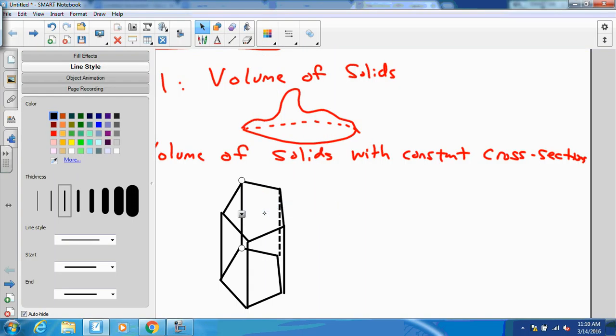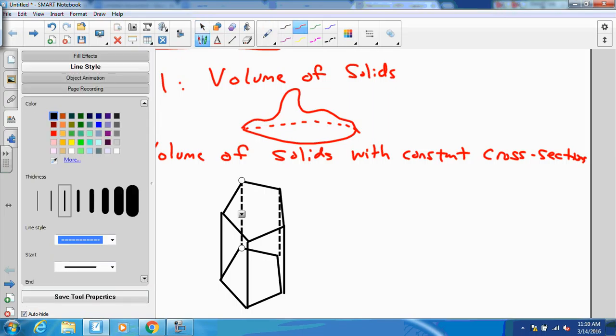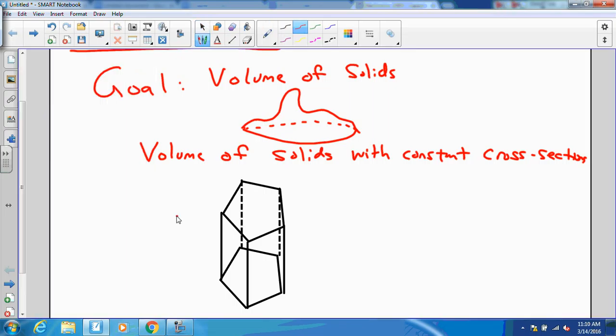This is a little hard to visualize, but I'll do my best. Then what I have is this really interesting solid with two congruent pentagons for the end caps, and then I have faces that are all parallelograms here. Do you see that? And in geometry we call that a prism. Do you remember that term from geometry?